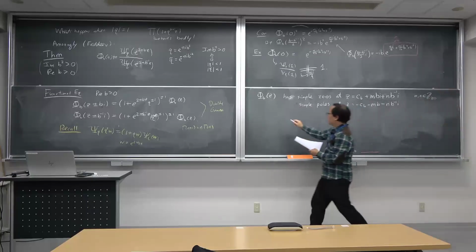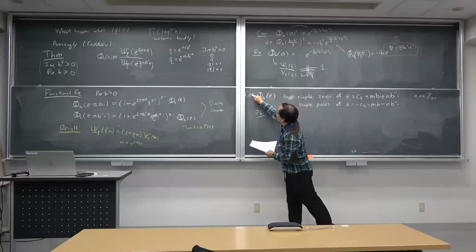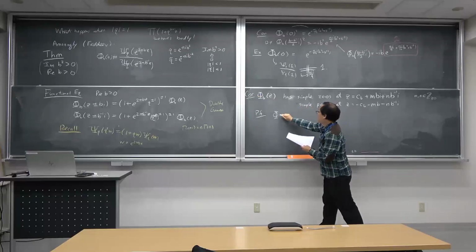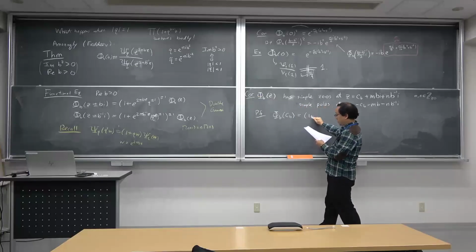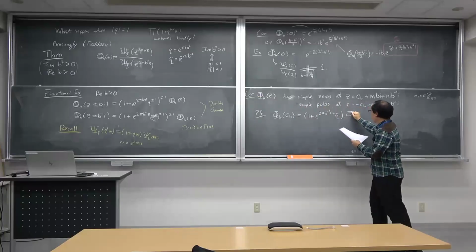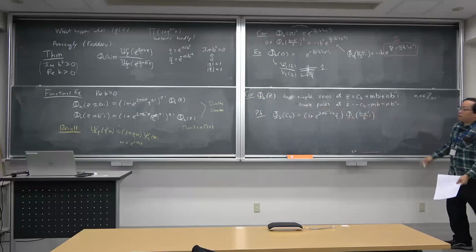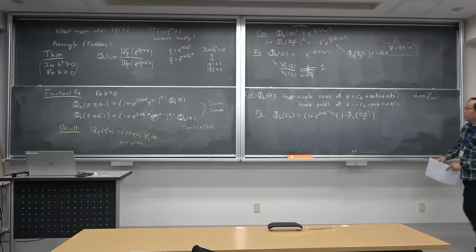So for example, I can check that CB using the functional equation. So I use the functional equation over on the left-hand side.